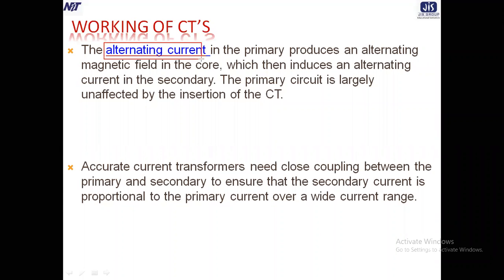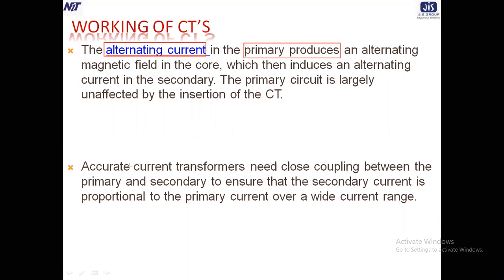The alternating current in the primary produces an alternating magnetic field in the core, which then induces an alternating current in the secondary. The primary circuit is largely unaffected by the insertion of the CT.